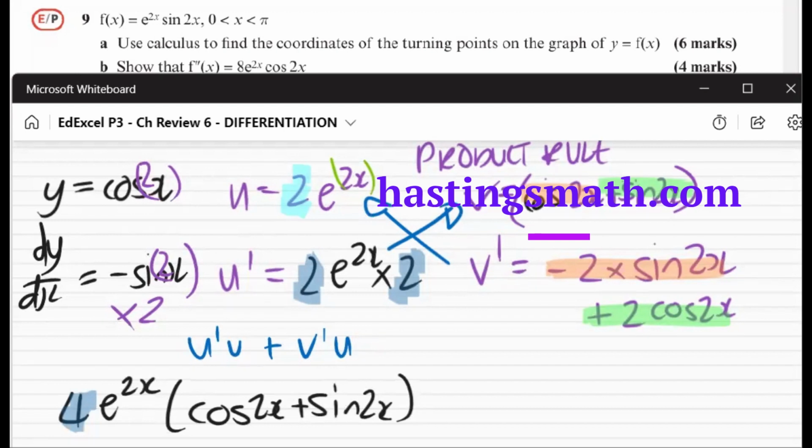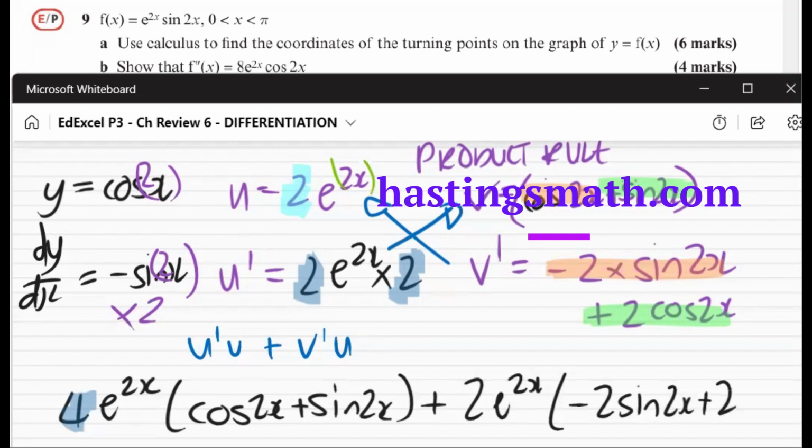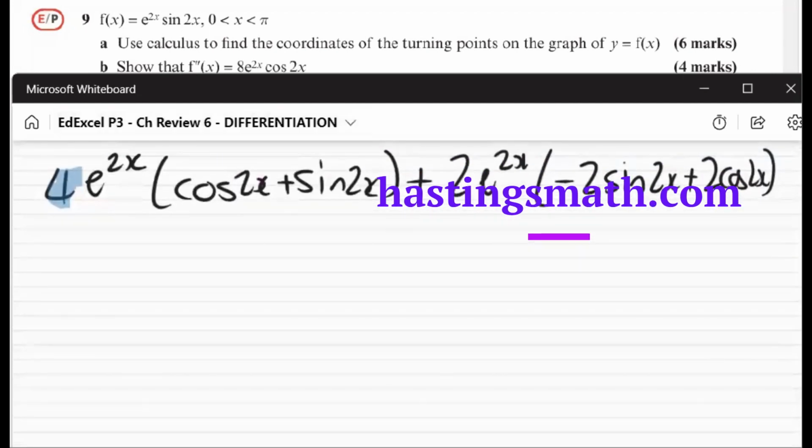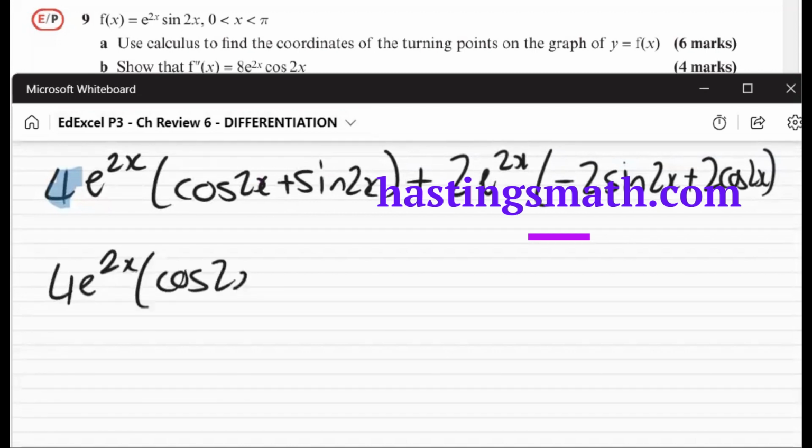So let's just write that all down first: 2 e to the power of 2x times by negative 2 sine 2x plus 2 cos 2x. Do one more step: 4 e to the power of 2x times cos 2x plus sine 2x.